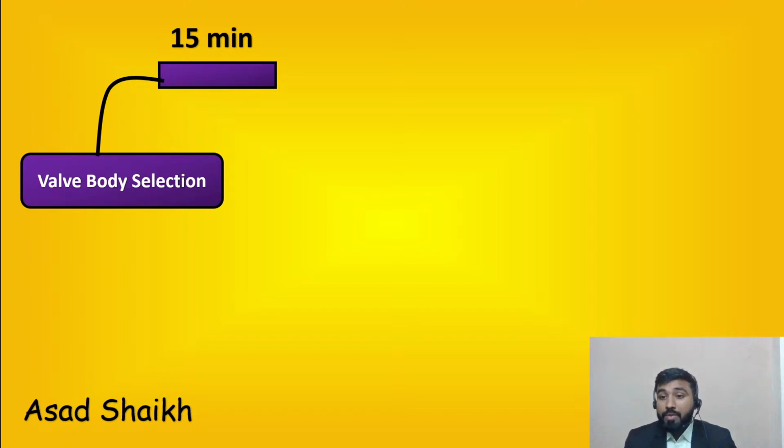Ah, this seems to be from Mayank. Trim selection, overall designing material, how to select a particular material. Rangeability, controllability, choked flow, characteristic selection of CV. Valve characteristics. Good. Oh my God, we have a lot of questions. Okay, makes sense.